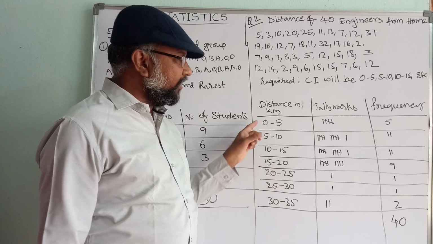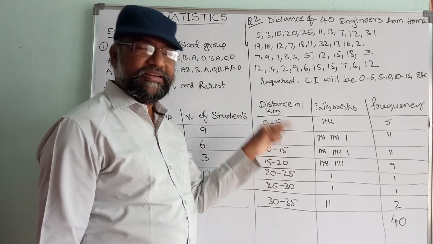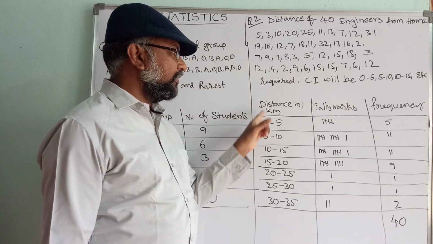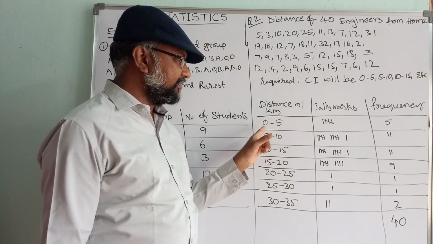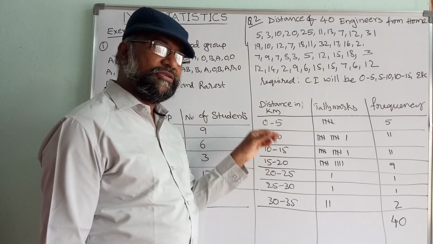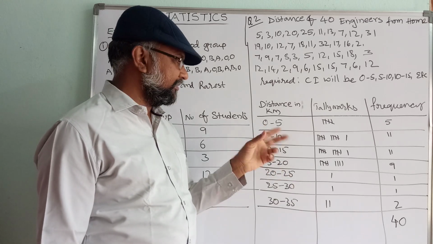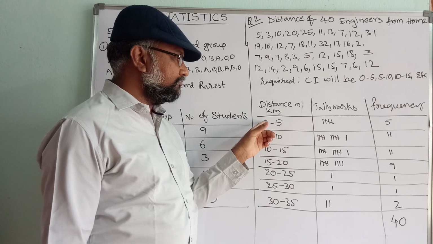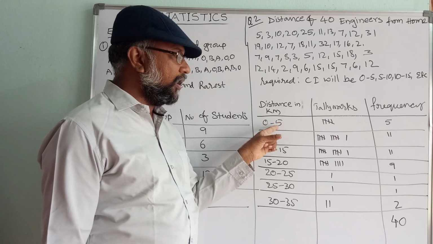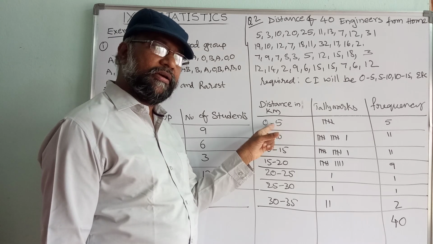Now we have to take it like that, as it is required by the question. Therefore distances in kilometers: 0 to 5. 0 won't be there because 0 itself is the factory. Now 0 to 5, therefore 0 is the lower limit, and what could be the upper limit?